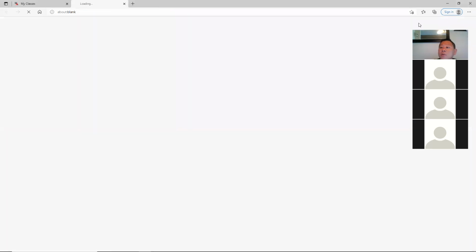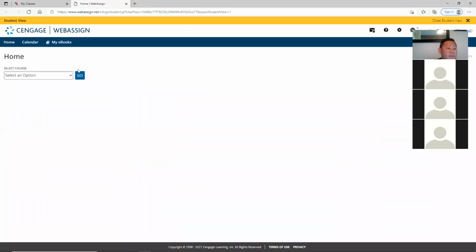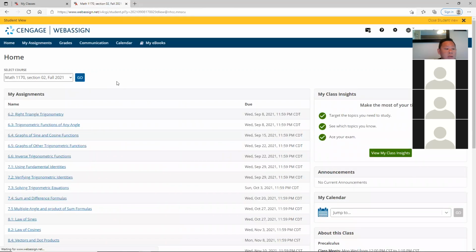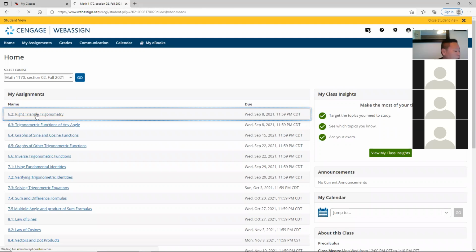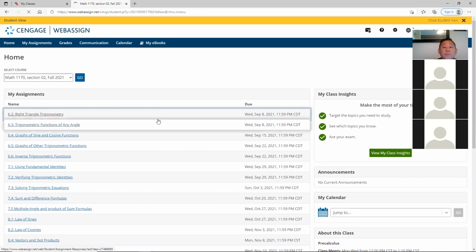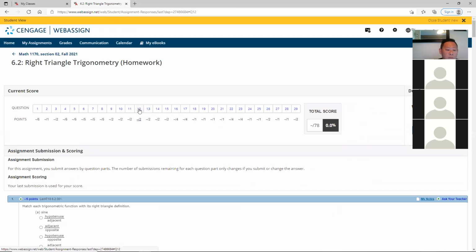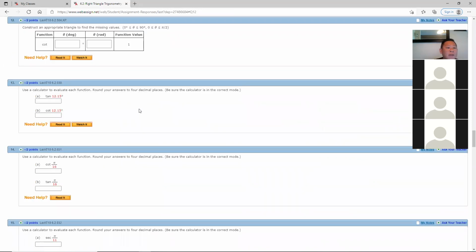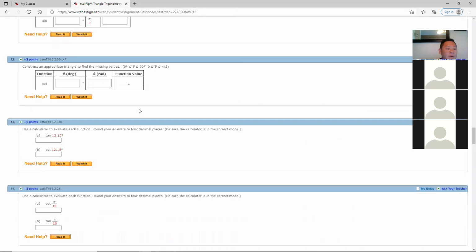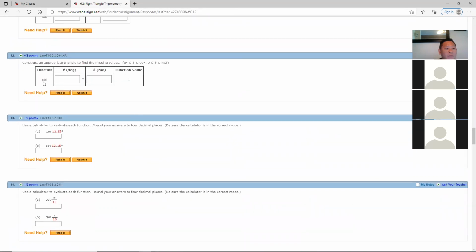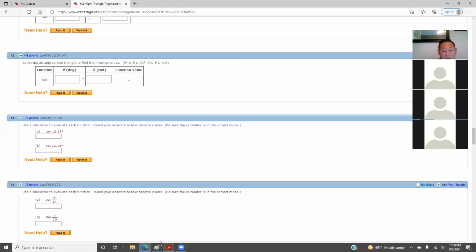So we have 6.2 question 12. This is asking us to figure out what is the angle for cotangent when the value is 1. So we do it the backwards way.